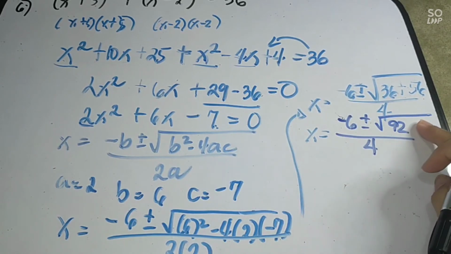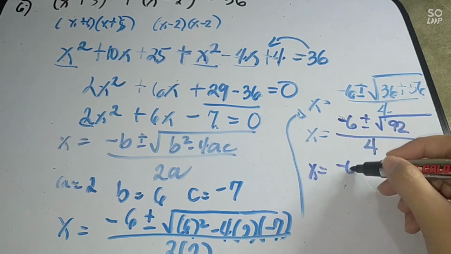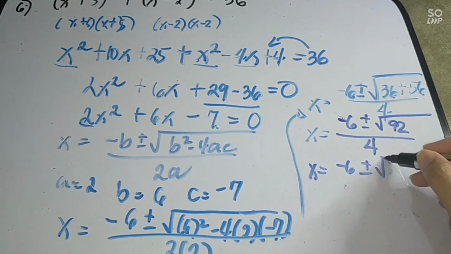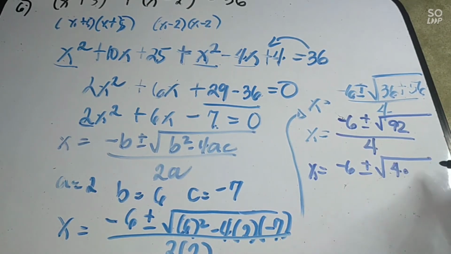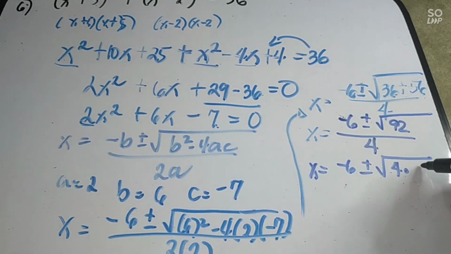Then, we are going to think a number, factors ni 92, na ang isa ay perfect square. So, x is equals to negative 6, positive and negative, square root of. Ang factors niya, we have here 4 times 23. So, if you multiply 4 times 23, the answer is 92.